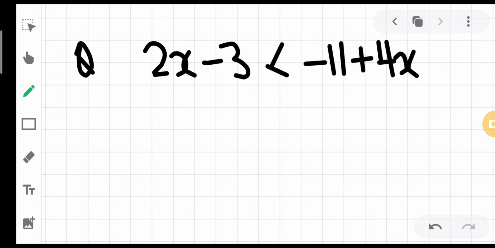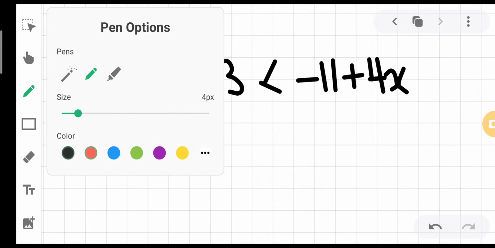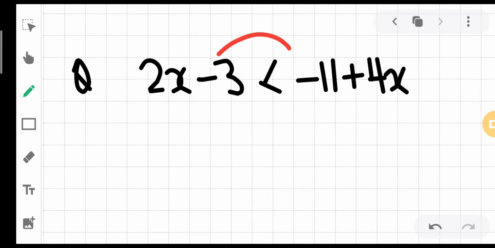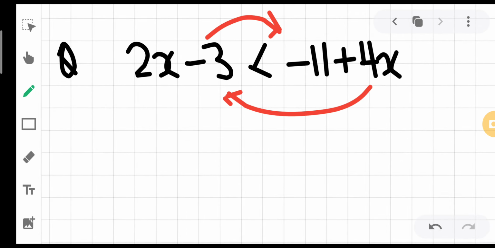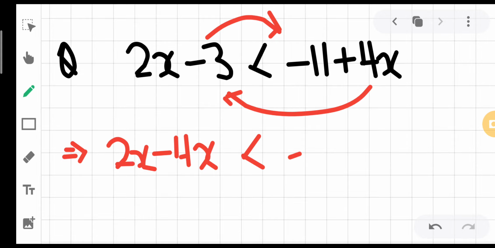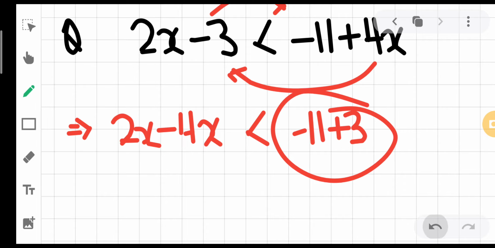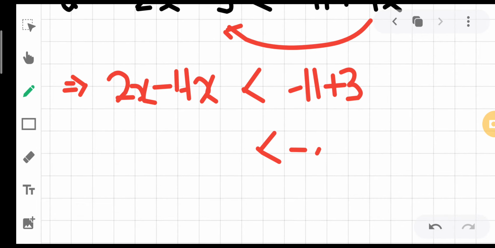If you are interested in finding the value of x for the following situation, what will you do? You are supposed to shift -3 right here and 4 right at that particular position. It means that this is 2x, this is +4. +4 when shifted onto the left hand side becomes -4x. Here you have the sign of equality, -11 added with 3. If you simplify this, it always results in obviously -8.